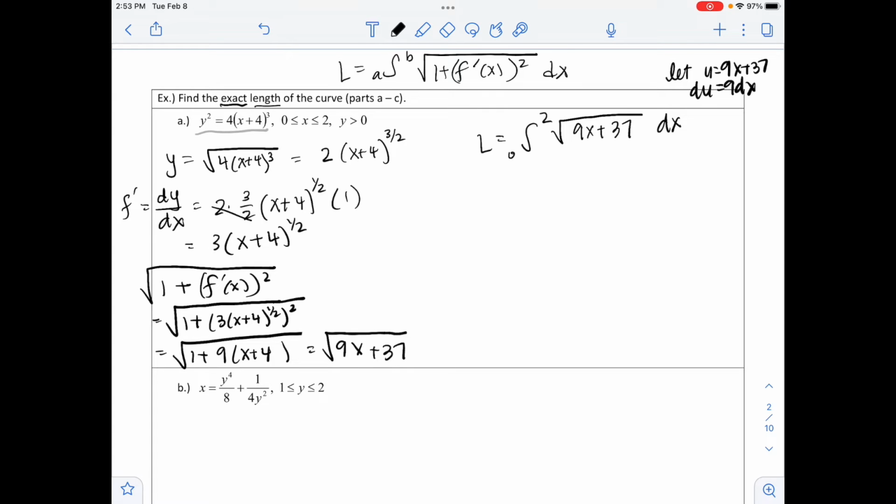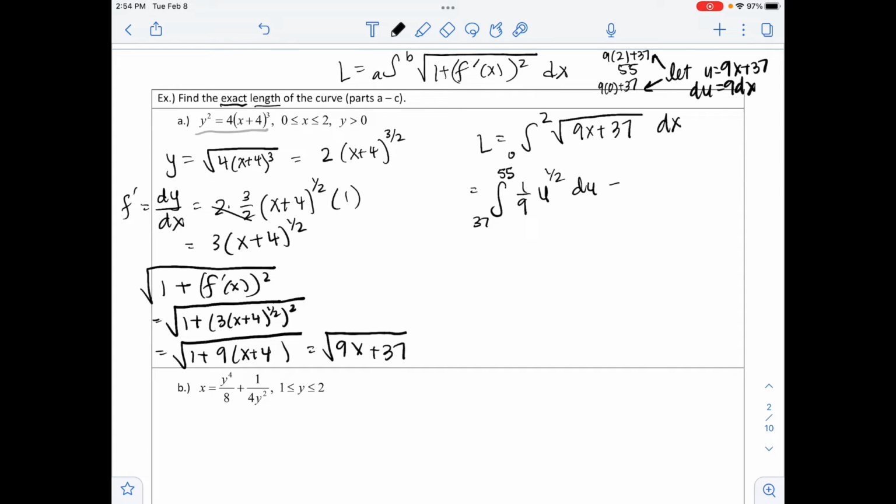Rewriting our integral, I do need to change those limits of integration. We're going to have 1/9 times the square root of u, or u to the 1/2, du. Our upper limit of integration is going to be 9 times 2 plus 37, so 18 plus 37 equals 55. That's our new upper limit. And our new lower limit, substituting in 0, we have 9 times 0 plus 37, so the lower limit is going to be 37.